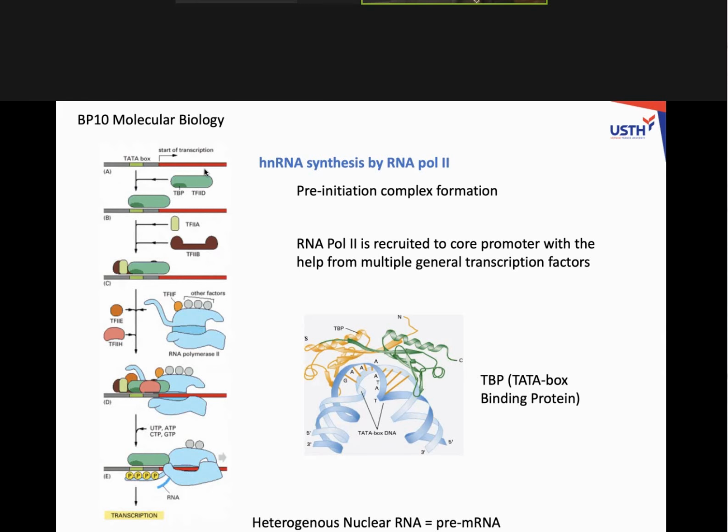So, to make it short, the first event is recognition of common promoter features by the general transcription factors. Then you have a succession of new proteins that are interacting, and it's only once we've got this basal complex linked to DNA that the polymerase, the real polymerase, the one carrying the polymerase activity, can join the complex.